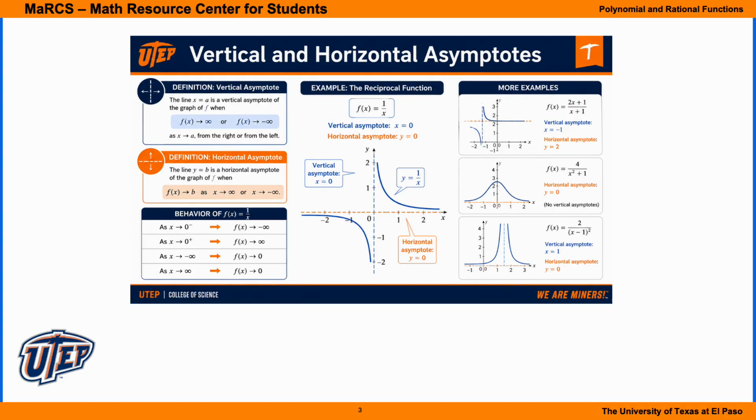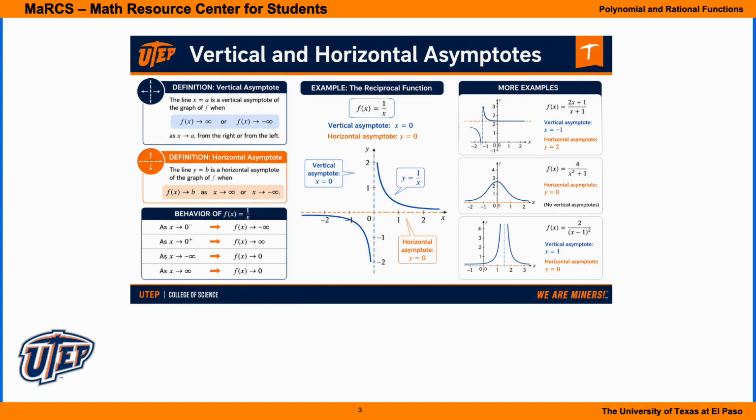Now as x approaches negative infinity, f of x approaches 0. And as x approaches positive infinity, f of x approaches 0. So that means the horizontal asymptote for f of x equal to 1 over x is y equal to 0. And we see that the graph will always approach x equal to 0 and y equal to 0, but it will never touch them.